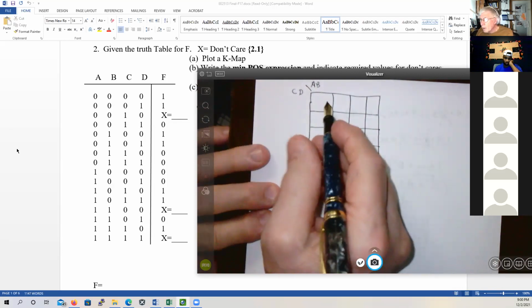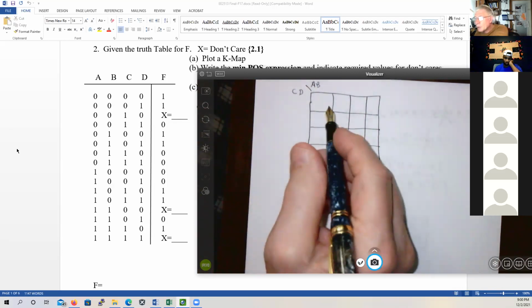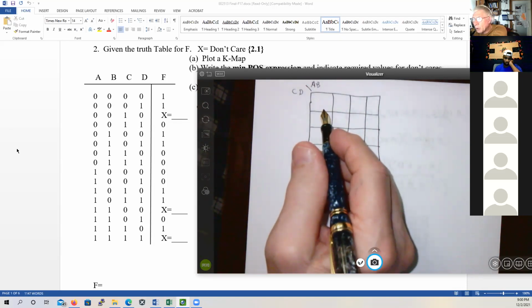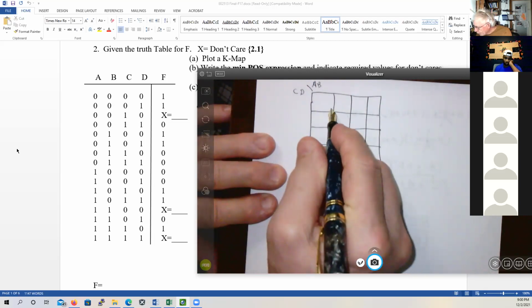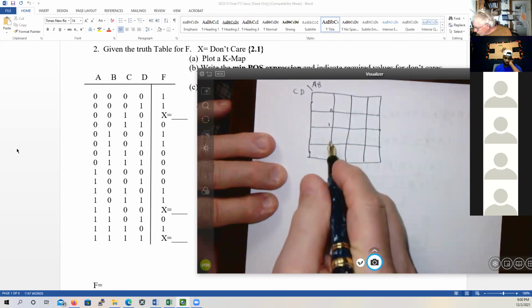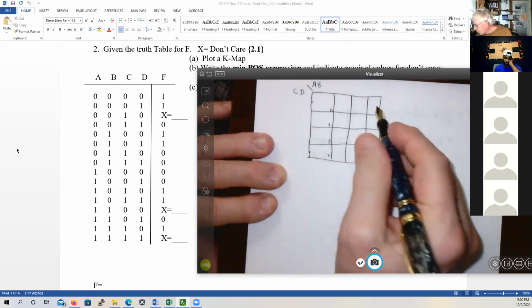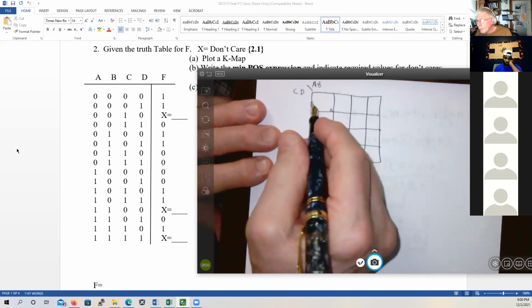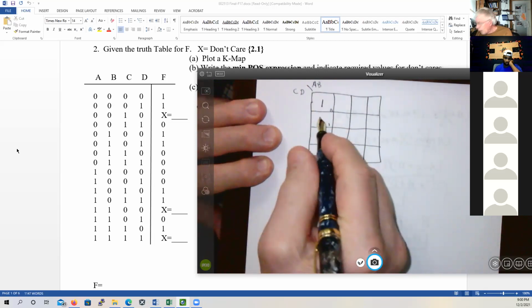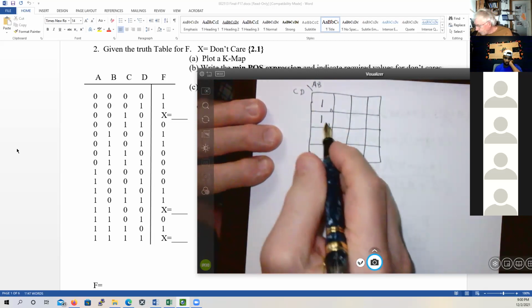All right, so we just follow this. Remember, this is the 0 row. That's the 1 row, 2, 3. That's the F or 15 row. So this is 0, 1, 2, 3, and so forth, where you have to switch the bottom 2 rows, switch the rightmost 2 columns. I'll just put in the ones and the don't cares.